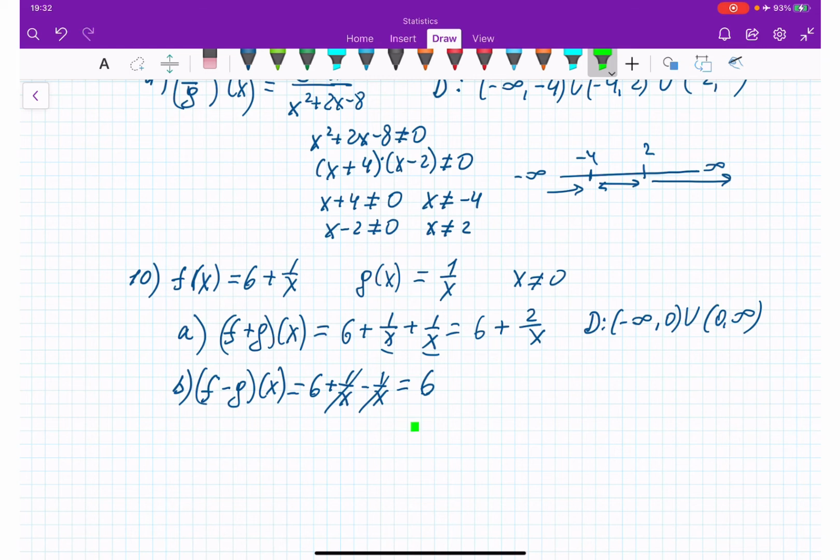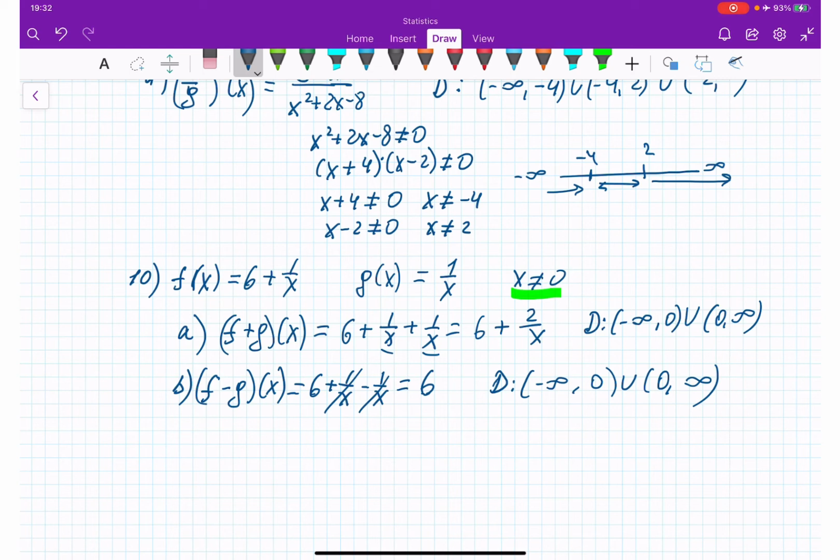But in the case of b, because I have just 6, I still have to remember that x cannot be equal to 0 in the original functions. Therefore, I have to consider it, and it's going to be negative infinity to 0 and 0 to positive infinity. Actually, this x cannot be equal to 0, I'm going to consider everywhere. Okay.